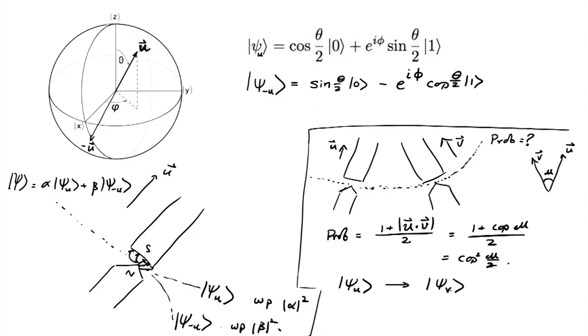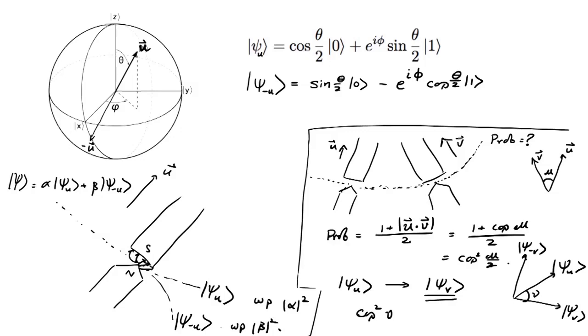In other words, we start with the spin in the state psi sub u, and we are now measuring it in the basis psi sub v, psi sub minus v. What's the probability we see this outcome? Well, it's whatever this angle happened to be. Let's call it nu. So it would be cosine squared nu.